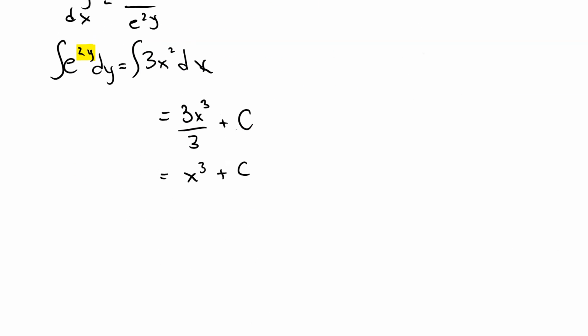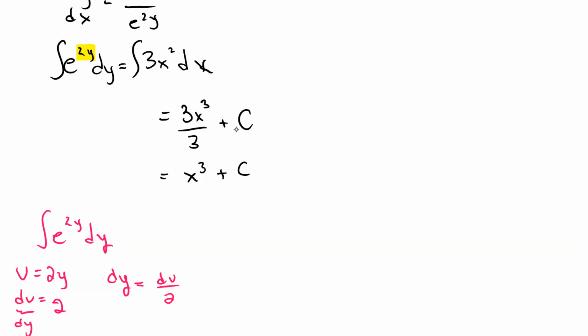I'm just going to scroll down here so I have some space. Our u, our inside function, is 2y. du with respect to y is 2. If we're doing it the way that some of you are accustomed to and seem to prefer, dy equals du over 2.